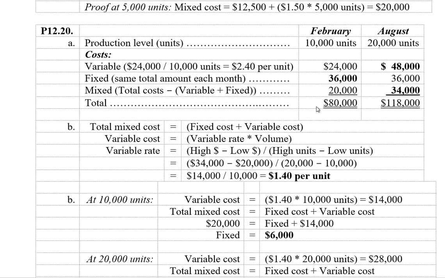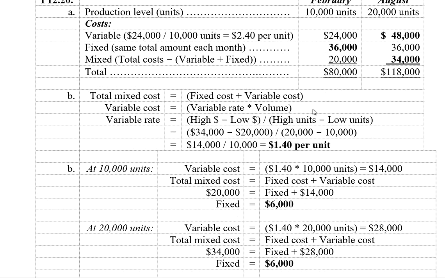So we're going to go down here and take a look at this. We're going to take that 34,000 under 20,000 units and subtract out that's your high, the high level of production. And then you subtract out your low level of production, this 10,000 units of 20,000. Then we're going to divide that by the change in that production level, which is 10,000.